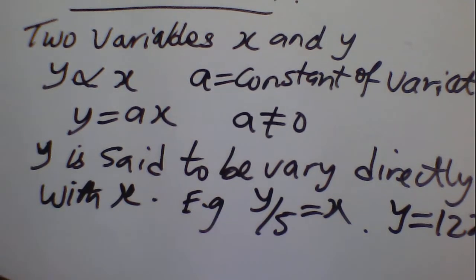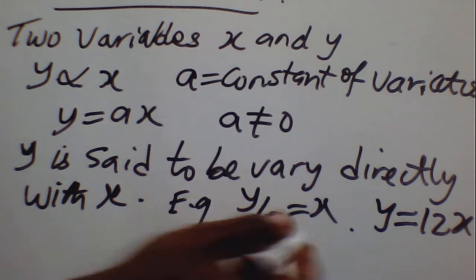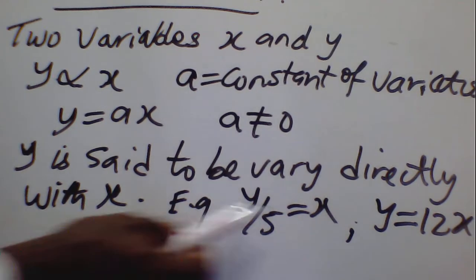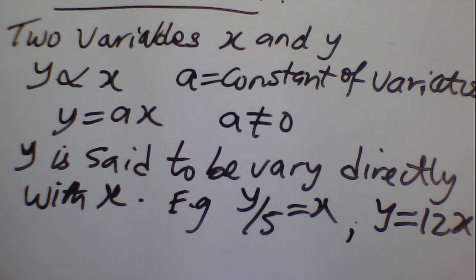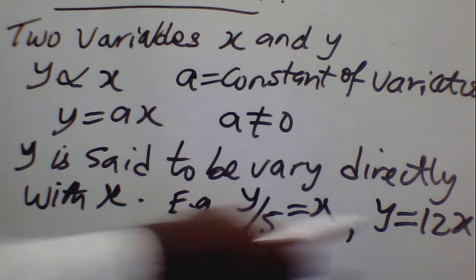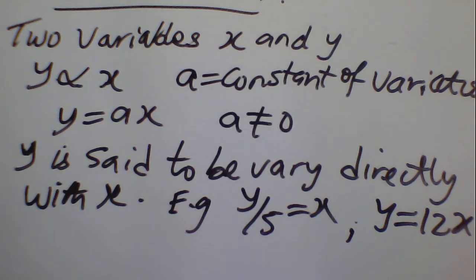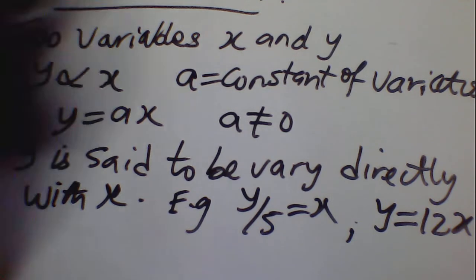In this case, we say y is directly proportional to x. Any relation in this form is in direct variation. The next is inverse variation.